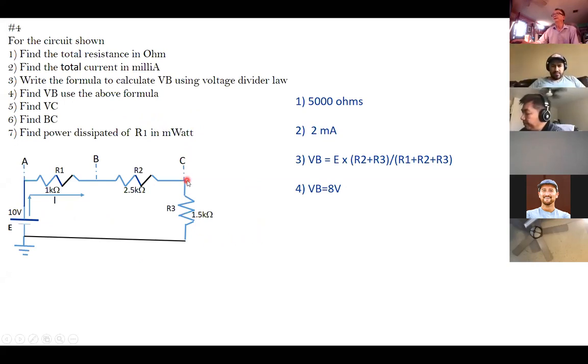And now they want VC. That means from C to the ground. It will be I times R3. And now they want to find the voltage VBC from B to C. The basic formula will be VBC equals VB minus VC.